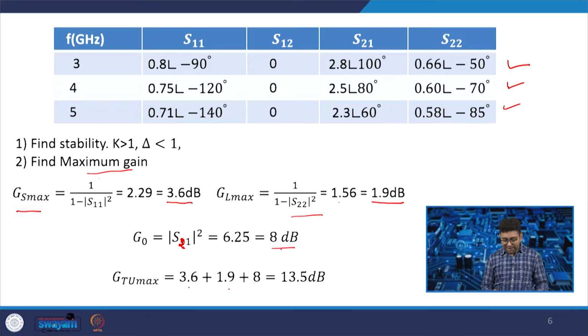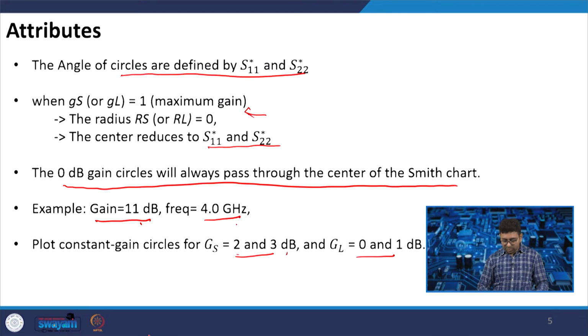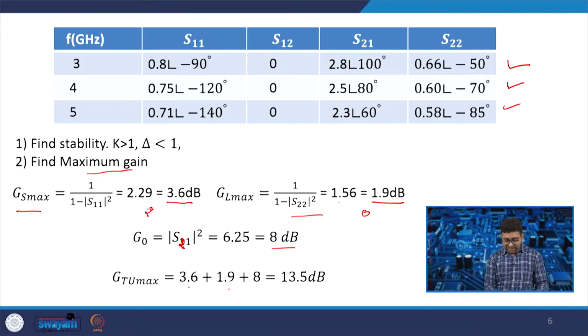So, if you want 11 dB you can get 2 dB from GS, and GL you should make 0, or otherwise this is 3 dB, and then this is 0. Similarly, you can make 2 dB and 1. So, as per the plot and the gamma S and gamma L, you can choose any value.